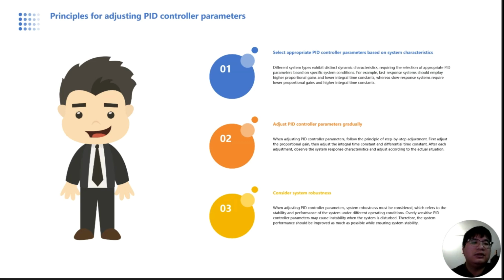We cannot only pursue the best performance in ideal environments, but also consider whether the system remains stable even when disturbed. Overly sensitive parameters may cause the system to lose its temper at the slightest disturbance. So stability is also the top priority.